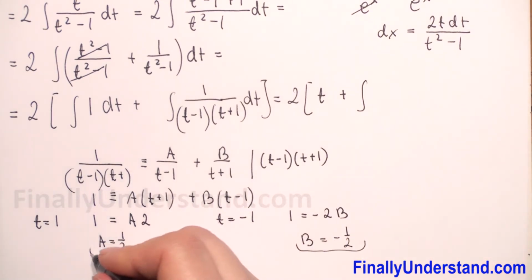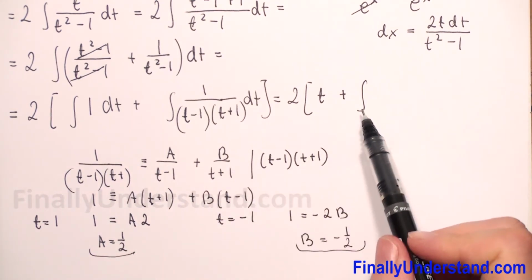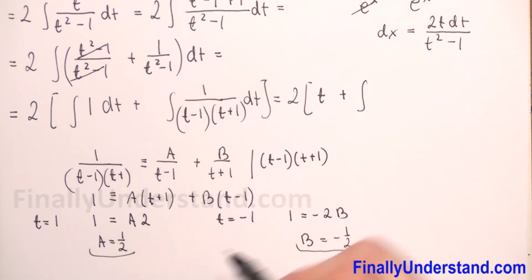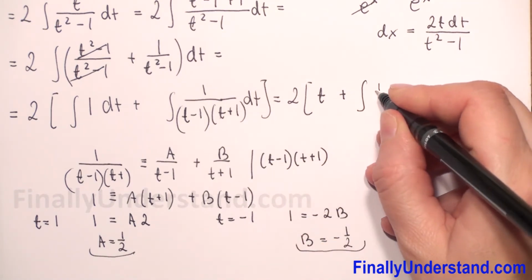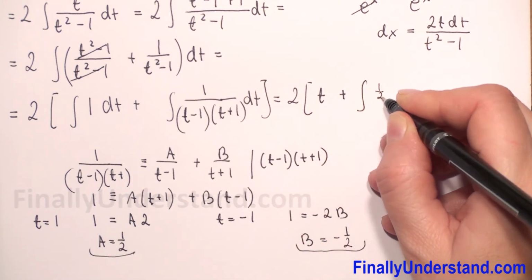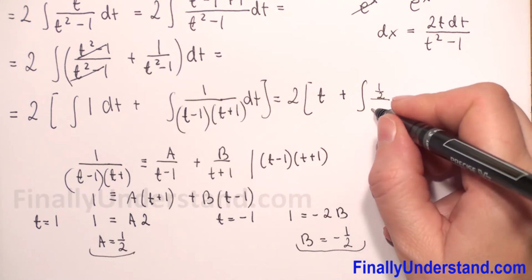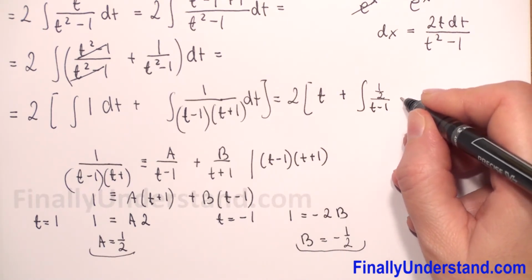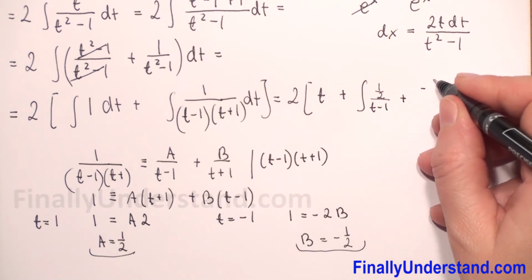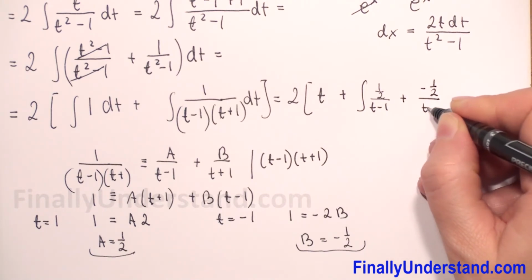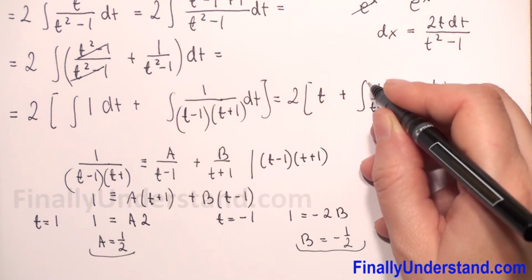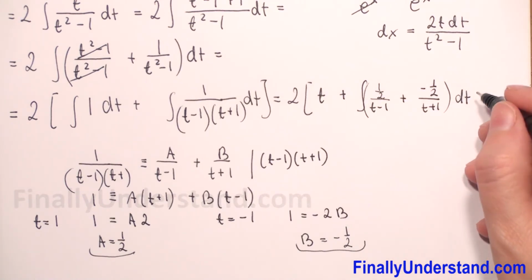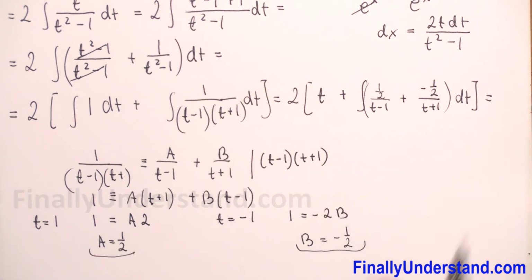Now we can rewrite our integral to sum of these two partial fractions. A is equal 1/2 over t minus 1, and we have plus b is negative 1/2 over t plus 1 with respect to t. We have integral, so this is equal.